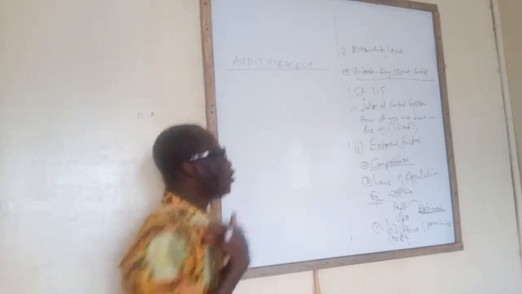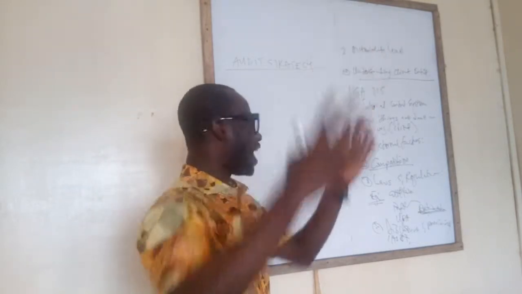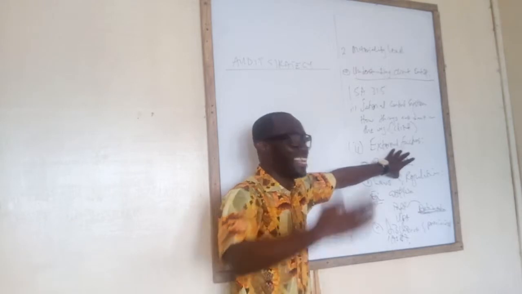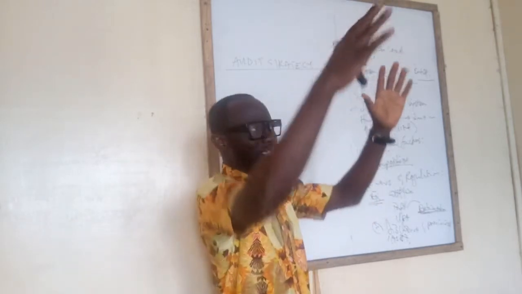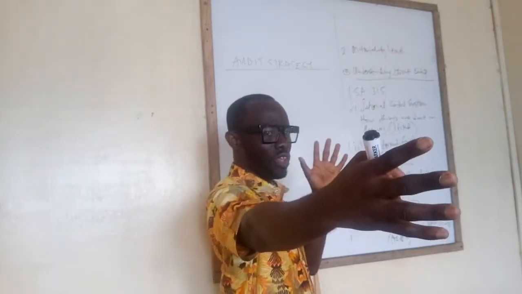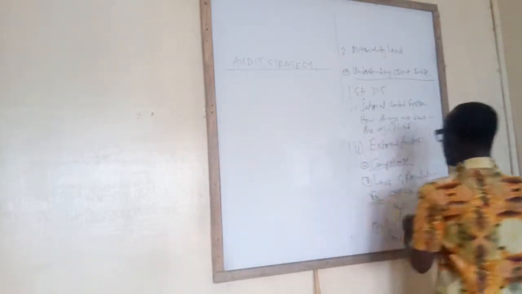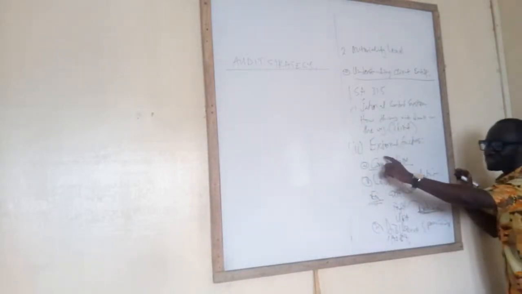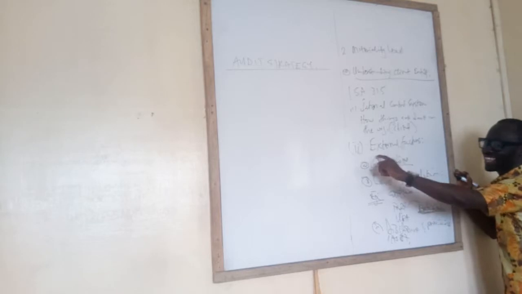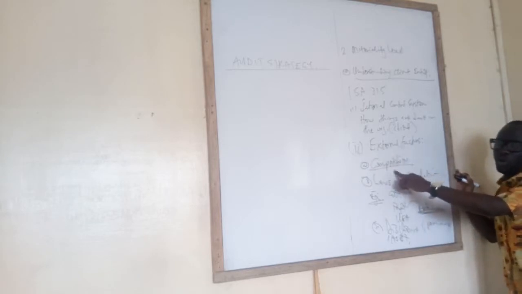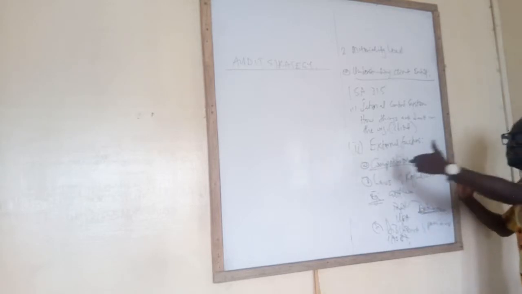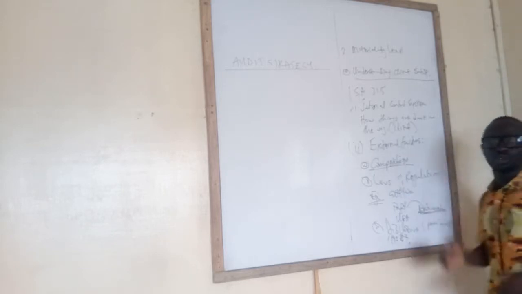But then, how do we determine? We're going to measure, and it's going to be judgmental though, but then we will be able to have an understanding of the competition level. So if the company is more or less alone, producing that thing alone, then the competition will be low. But if you are not the only person producing, then the competition is going to be high.